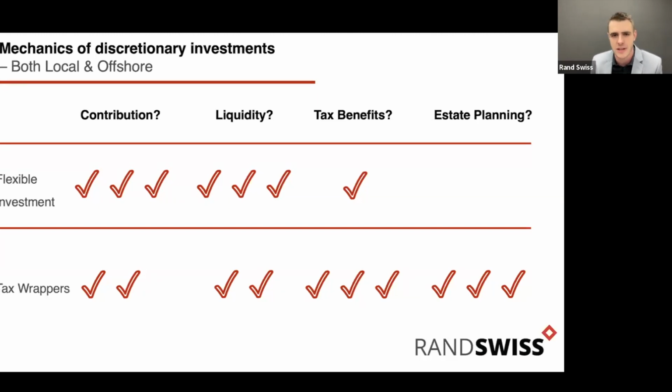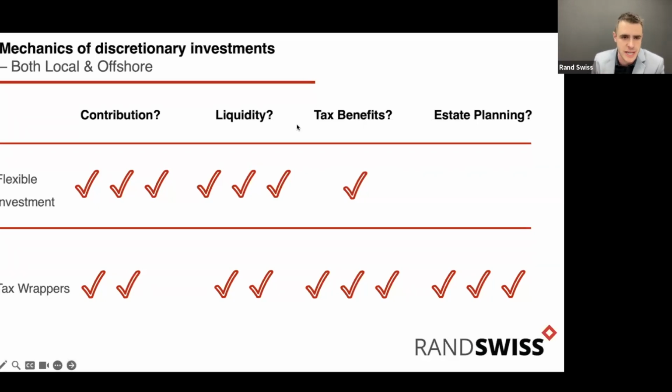Hence it does still have some degree of tax benefits, and we're giving it 1 out of 3. In terms of estate planning benefits, we think there's absolutely none applicable, so we've given it 0 out of 3. Essentially, once you pass away and you allocate beneficiaries in accordance with your will, a flexible investment will be dealt with in accordance with your will.